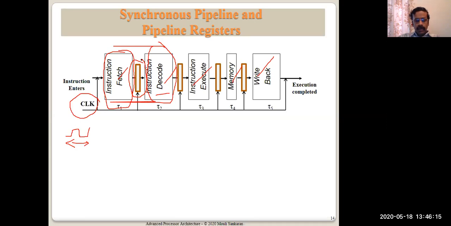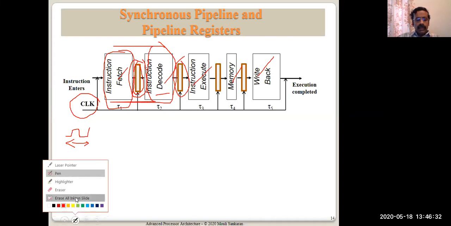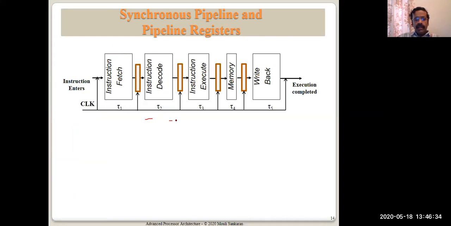If you remember, D flip flops, JK flip flops, all that we have studied, they are all used for registers. They will be able to hold the value. These are the hardware components which can store the value, whereas these logic circuits, based on the input, will give some output.